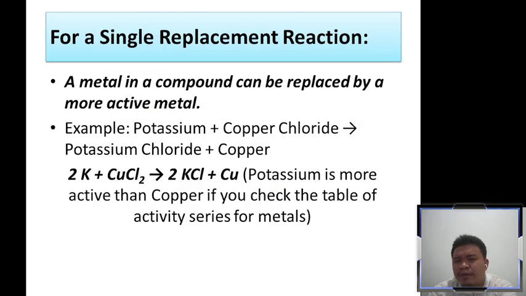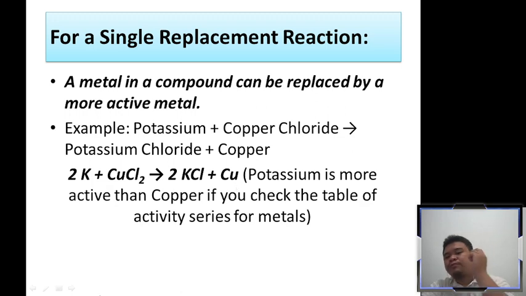For example, a metal in a compound can be replaced by a more active metal. Let's say when you add potassium to a copper chloride, potassium is more active than copper. So when you do a single replacement reaction, K plus CuCl, which is the symbol for copper chloride, it now yields 2KCl plus copper.